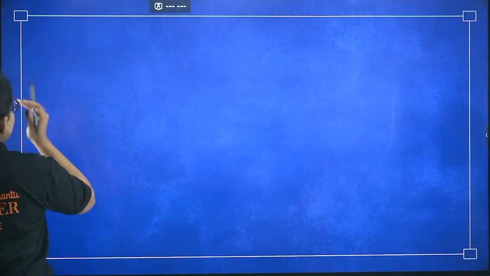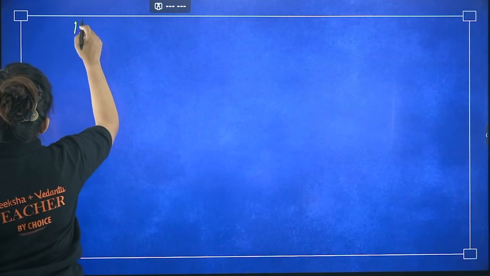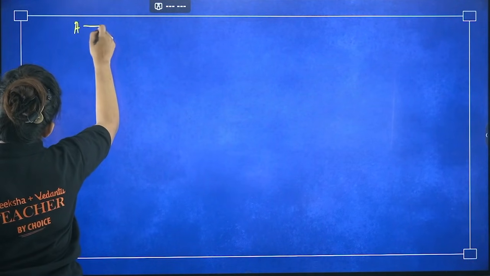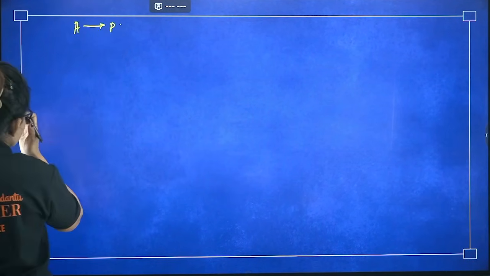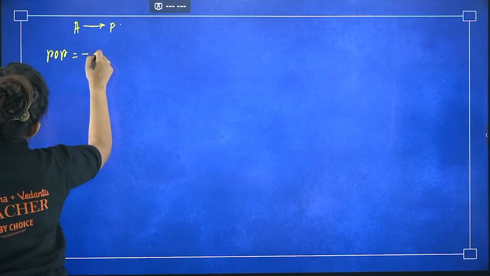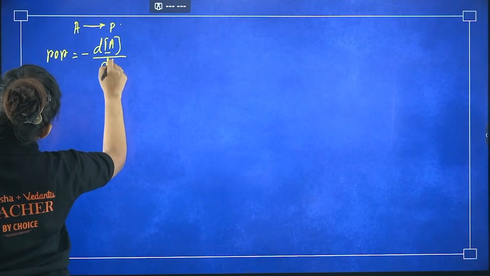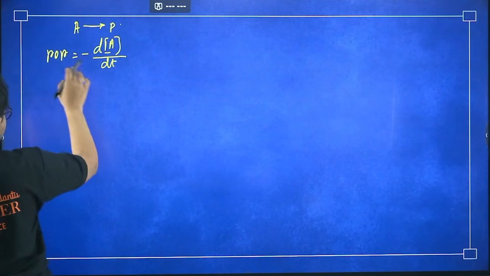Here I will start from a reaction. Let's say A is a reactant that gives you product P. If I write the rate of the reaction, then definitely it is minus d[A] by dt, with respect to the reactant only.